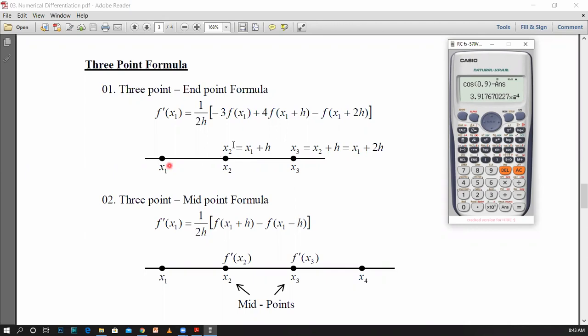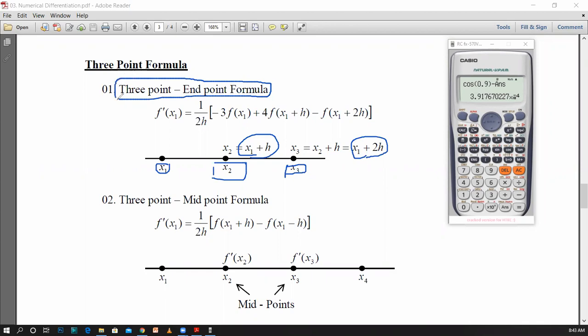That is how we define the second point as x1 plus h, and the third point as x1 plus 2h. Therefore, to obtain the derivative at one point, we are using two other points. Altogether we are using 3 points for this equation. This is called the 3-point endpoint formula.